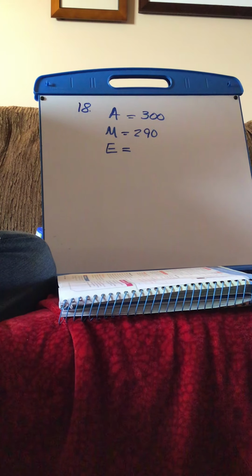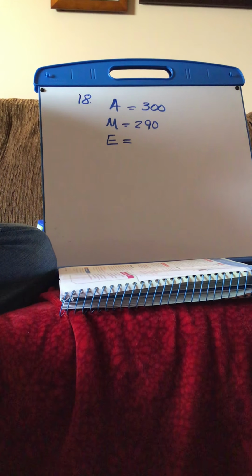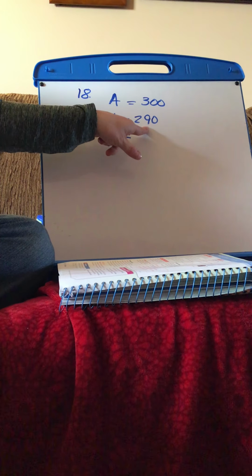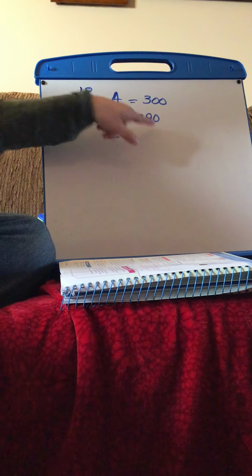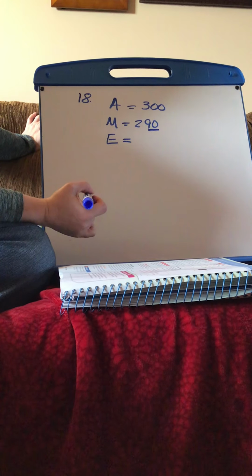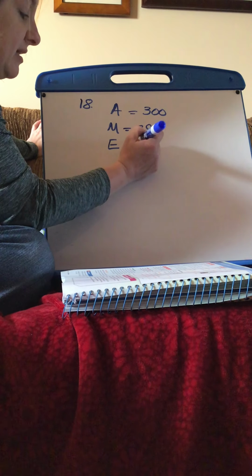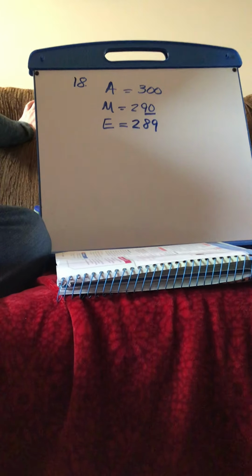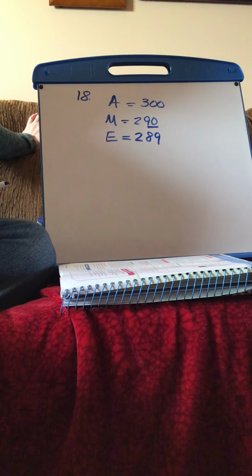How many pages does Evelyn read? And she reads 1 fewer page than Michelle. So what's 1 page less than Michelle? So I'm going to look at the number 90. What number comes right before 90? I'm going to leave the 2 the same, and it's going to be 89. 289 pages. All right, you're going to have one just like this on your practice page today.